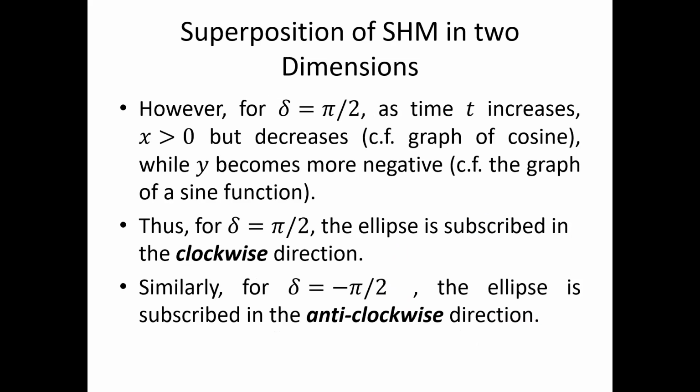For delta equal to pi over 2, as time t increases, x is greater than 0 but decreases because of the graph of cosine, while y becomes more negative because of the graph of the sine function.